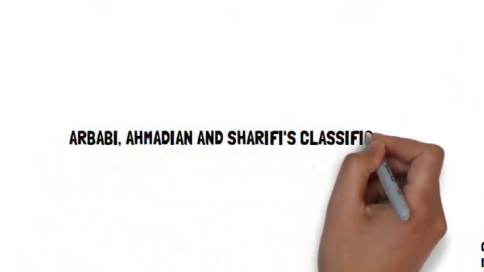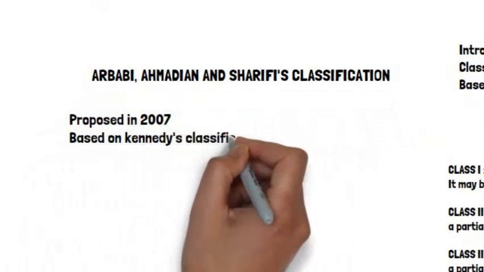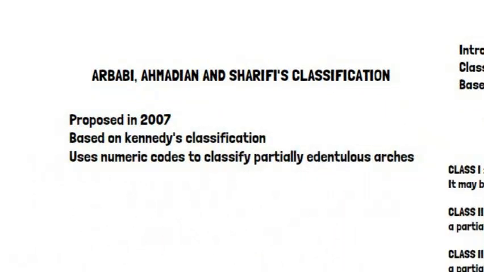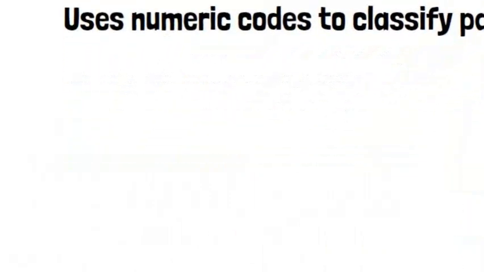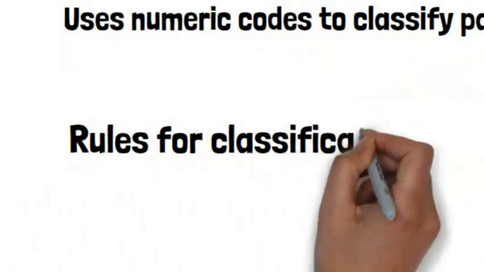Ababi, Ahmadian and Sharifi's classification, proposed in 2007, based on Kennedy's classification, using numeric codes to classify partially edentulous arches. Rules for classification.